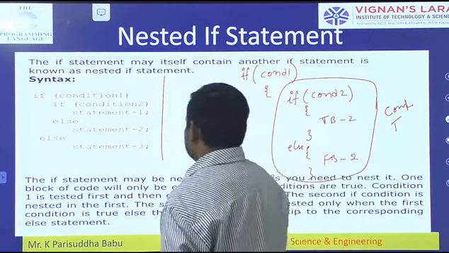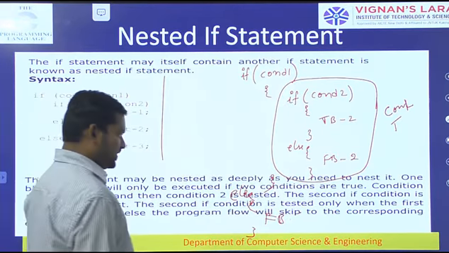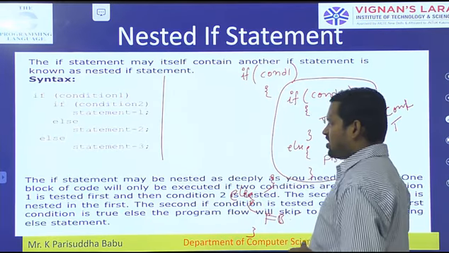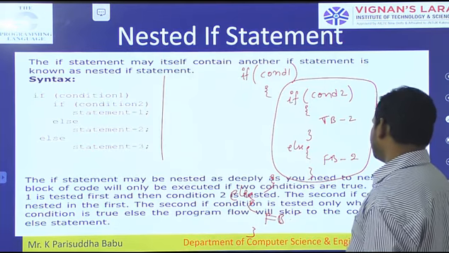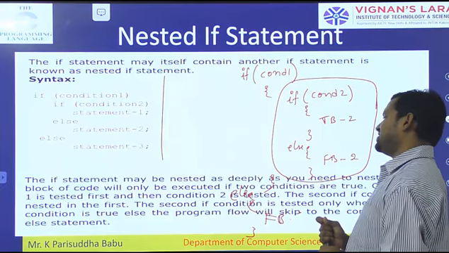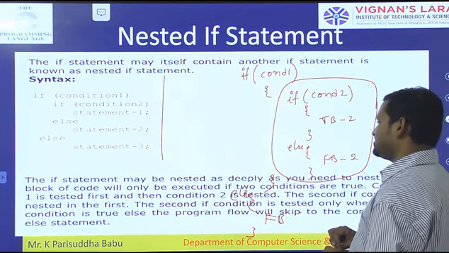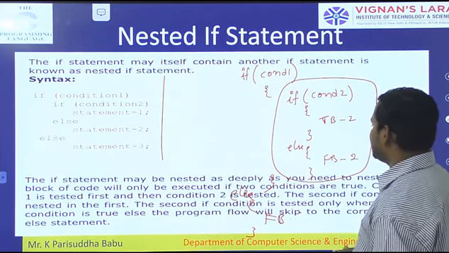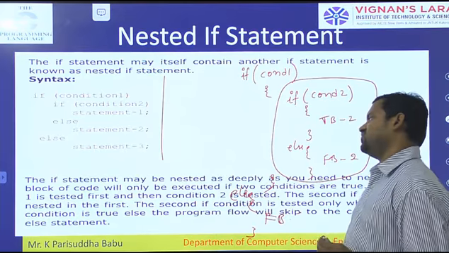An if statement may be nested as deeply as you need. One block of code will only be executed if two conditions are true. Condition 1 is tested first and then condition 2. The second if condition is nested in the first and is tested only when the first condition is true.